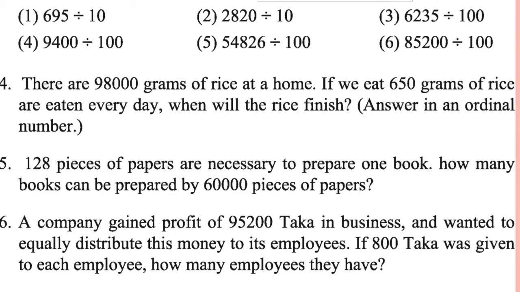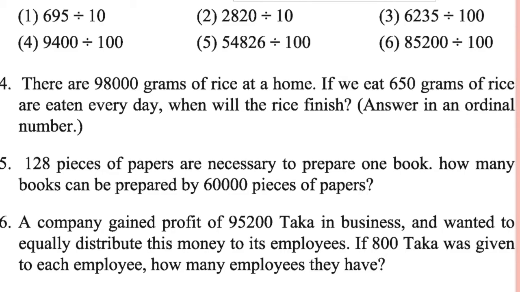Okay, again it will go by 4. 4 1s are 4. Okay, 4 8s are 32. Alright, 4 7s are 28. Fair enough. 4 5s are 20. Four 8s are 32.